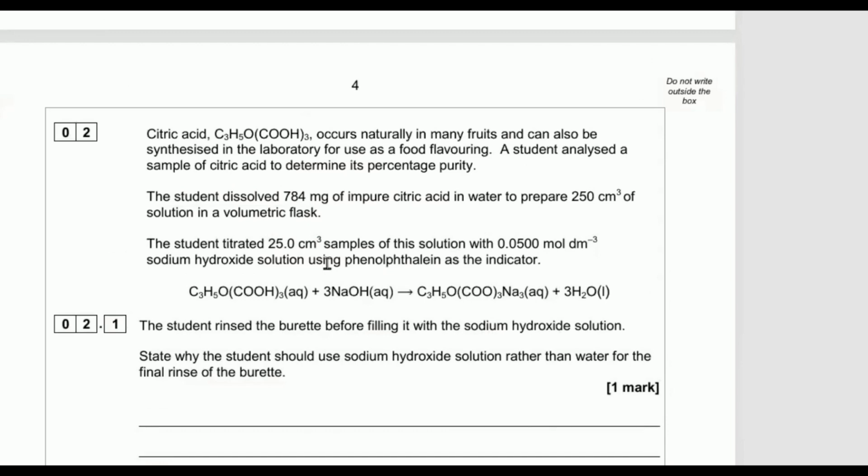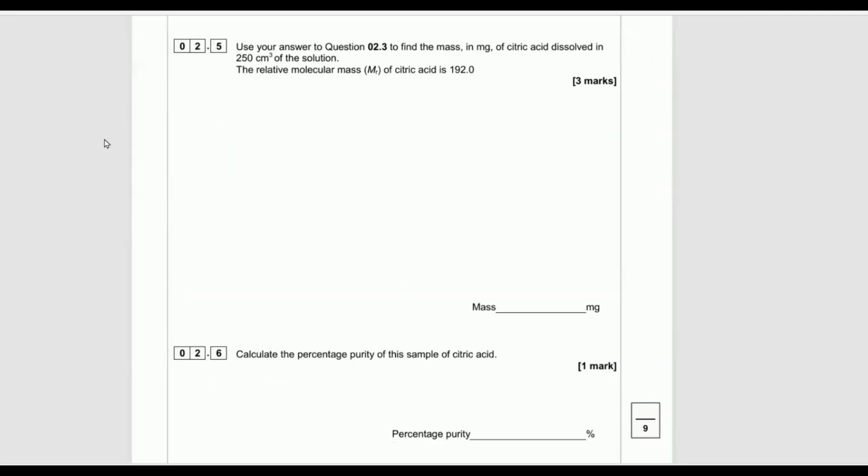And what was the concentration? The student titrated 25 centimeter cubed samples of the citric acid, with 0.05 moles per decimeter cubed sodium hydroxide. Okay, here we go. So we're going to need n equals c times v. Your lovely titration equation. You always need that in titrations.